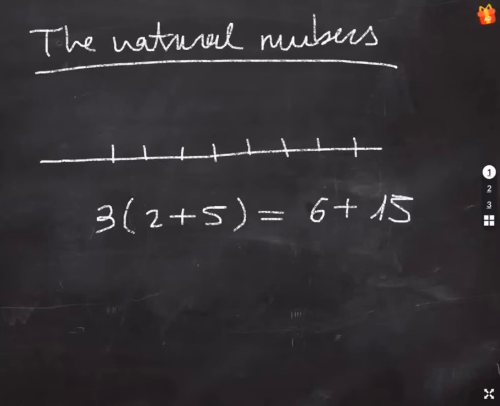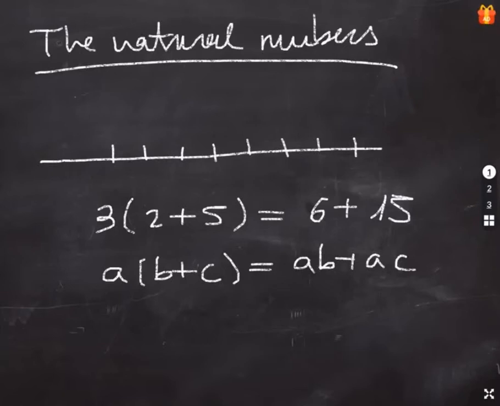Why should A times (B plus C) be equal to A times B plus A times C? This is a very fundamental property which can be proven from more primitive and even more fundamental properties of the number system.